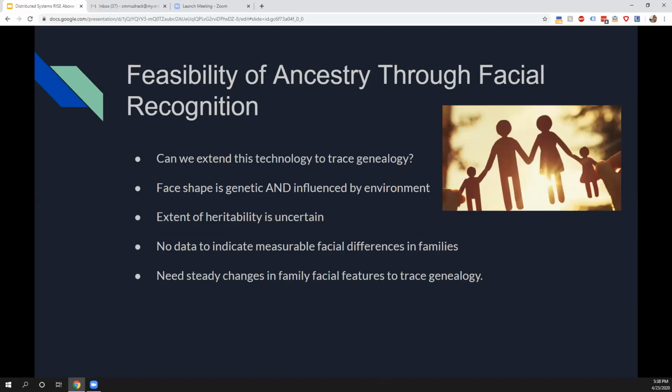So what we were wanting to ask is, with this technology already trending in this direction, can it be taken further? Can this technology be used not only to determine an ethnic background, but can it be used to determine maybe your family background and your family group that you belong to? And so in that research, we discovered that face shape is genetic and it's influenced by environment. These 2 factors kind of go hand in hand with each other.